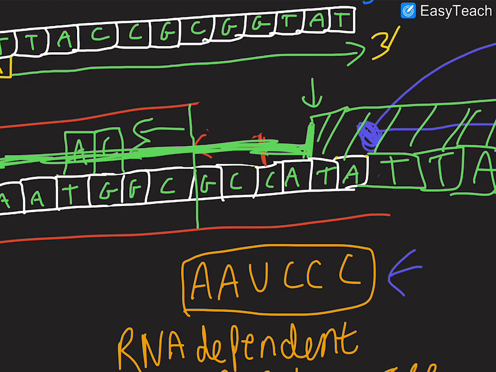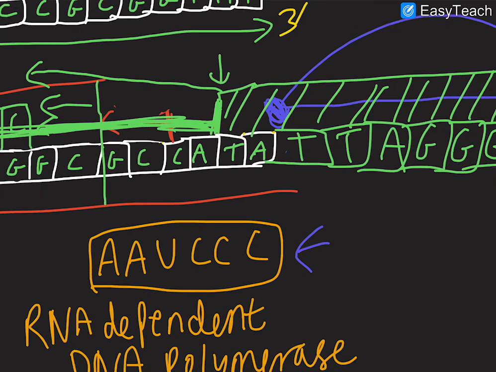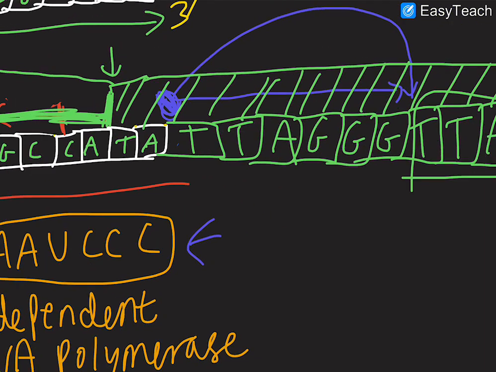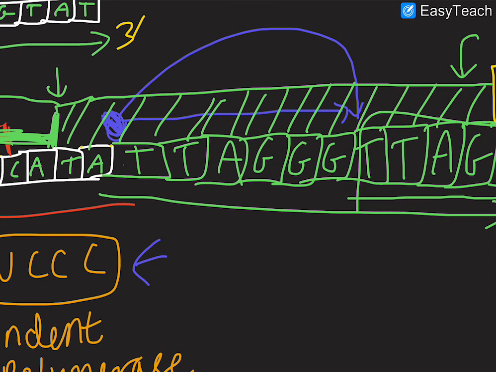You don't want to keep on shortening your DNA until you get to the genes that code for proteins, because it's going to be bad. You won't be able to have properly functioning proteins if you start deleting the nucleotides that are involved in genes that code for proteins. So see, what we did is this strand got way longer because we added more telomere sequences like TTA, GGG, and then we replicated the other strand based off the telomere sequences, TTA, GGG, right? And so that's basically what telomerase does.